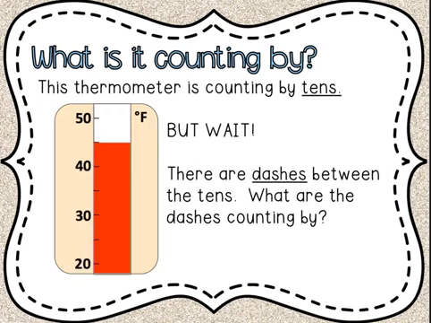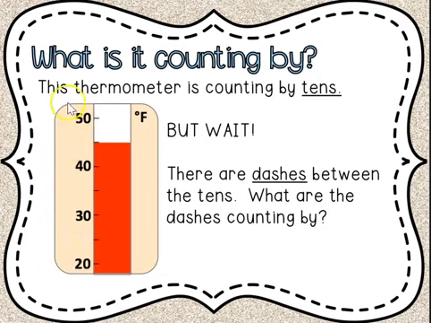This thermometer is counting by tens. I know this because if I look at my big numbers, I can skip count all the way up: 20, 30, 40, 50. This thermometer is using one of those growing patterns by 10.